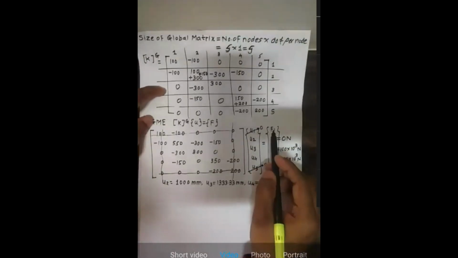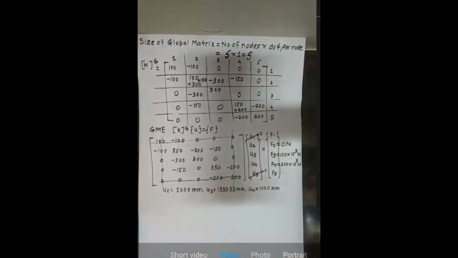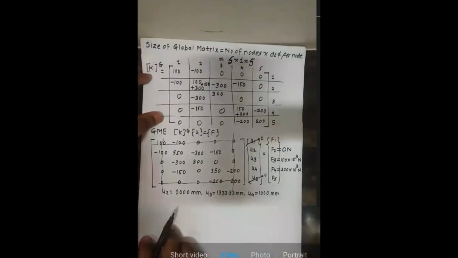So in order to calculate the value of F1, how will we calculate F1? Let me know. By multiplying the first row with the first column, right?